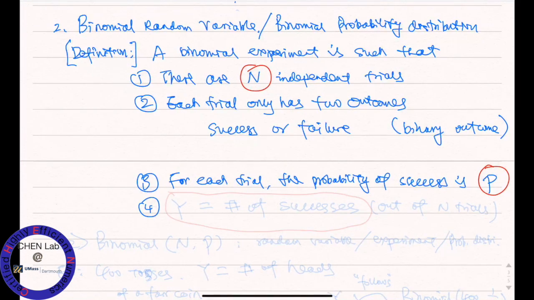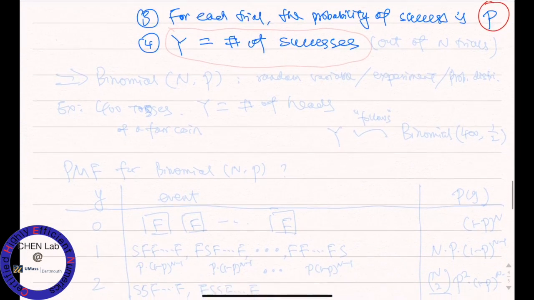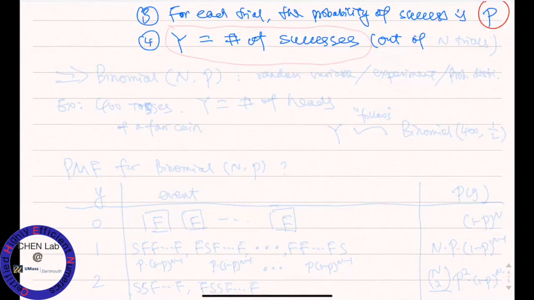And number four is we define the random variable. Again, for any random variable, the first thing you need to ask is what's the definition. So that makes number four key. Key is definition. Binomial random variable means that you define it to be the number of successes, out of n trials.